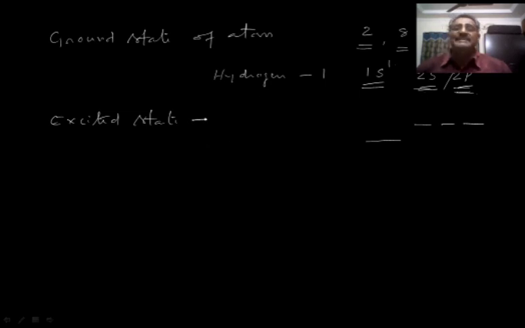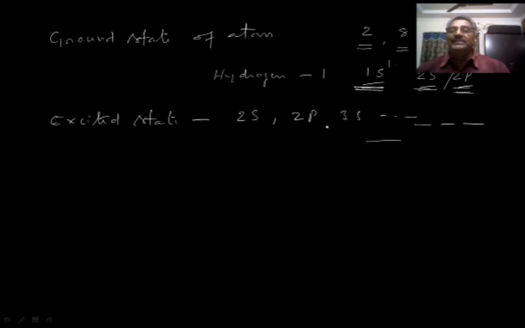Excited state is the state where the electron occupies a higher energy state than the permissible states with the lowest energy levels. So if the electron in hydrogen is present in 2s or in 2p or in 3s or in any of the higher orbitals instead of the 1s orbital, that state is said to be the excited state.